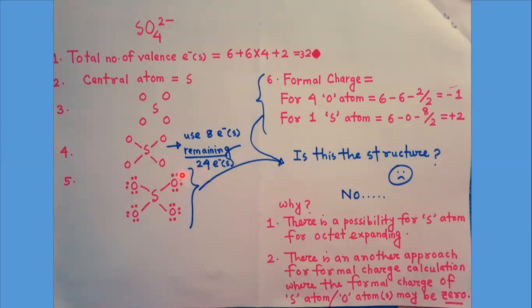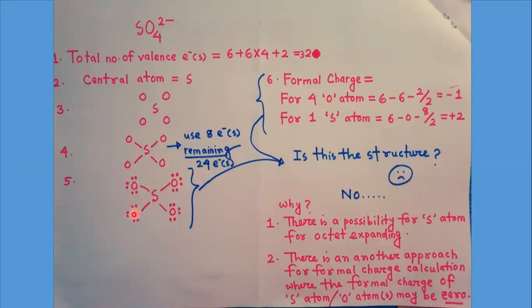The remaining electrons are placed on the outer oxygen atoms to fulfill their octet. So here 1, 2, 3, 4, 5, 6, and there are 2 electrons in this bonding. So total 8 electrons, which follow the octet rule.